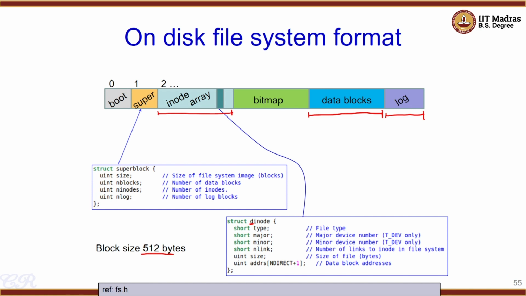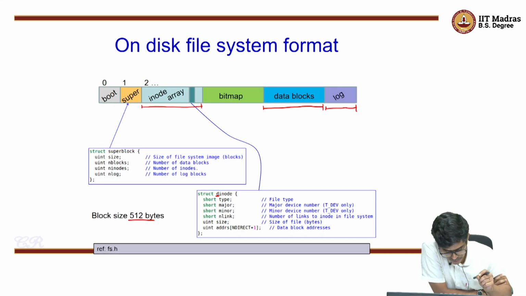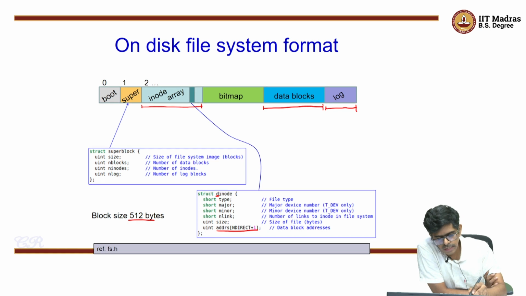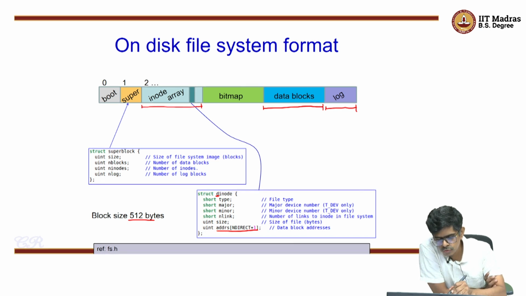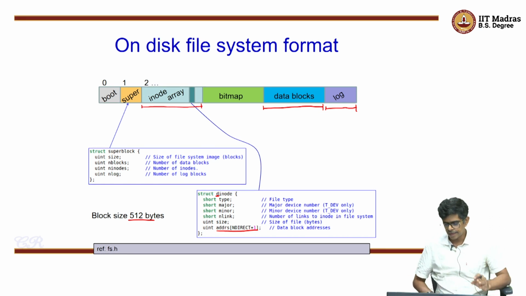It has the major and minor number, which corresponds to the device, the specific hard disk. It has the number of links to the inode in the file system, and importantly, it has the data block addresses. So corresponding to a D inode, it has pointers to these data blocks where the file is stored.